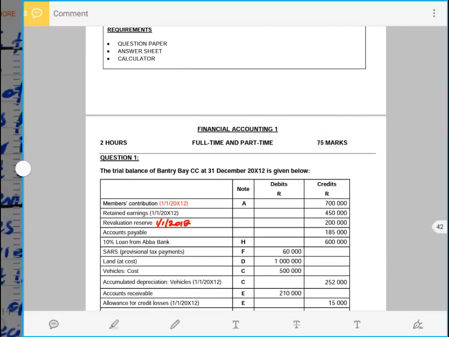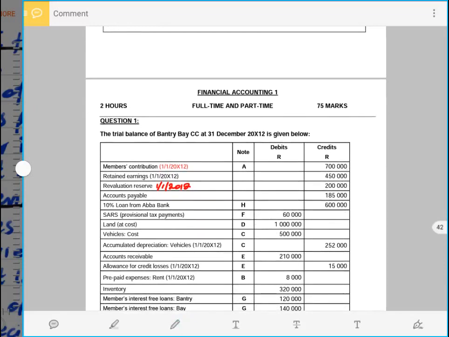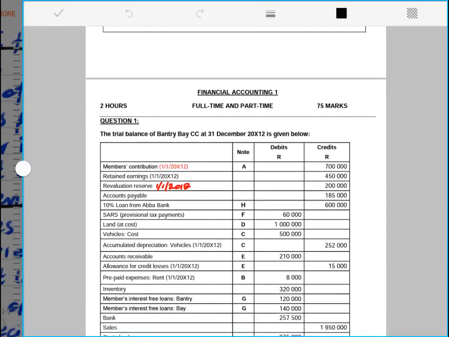As you can see, we have a trial balance, and it says the trial balance of Bantry Bay Close Corporation at 31st December 2012 is given below. In this trial balance we have members' contribution on the 1st of January 2012, and 700,000 rands is a combined amount for all the contributions made by the members.